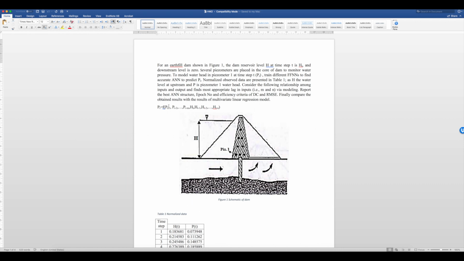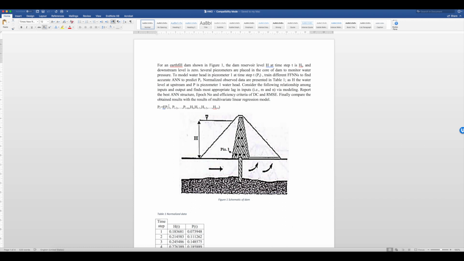Let's say, for example, we are recording the water level every 1 hour. So to estimate the pressure at the current time, we will use the pressure from one hour before.